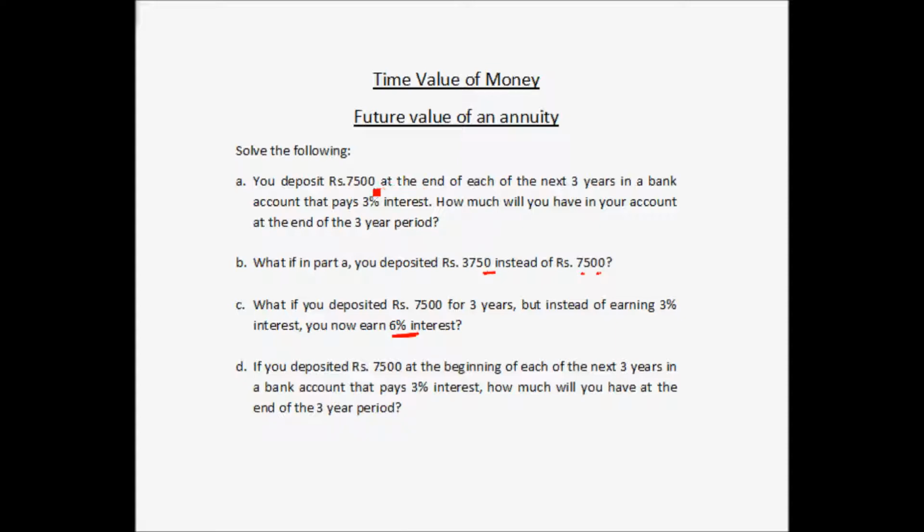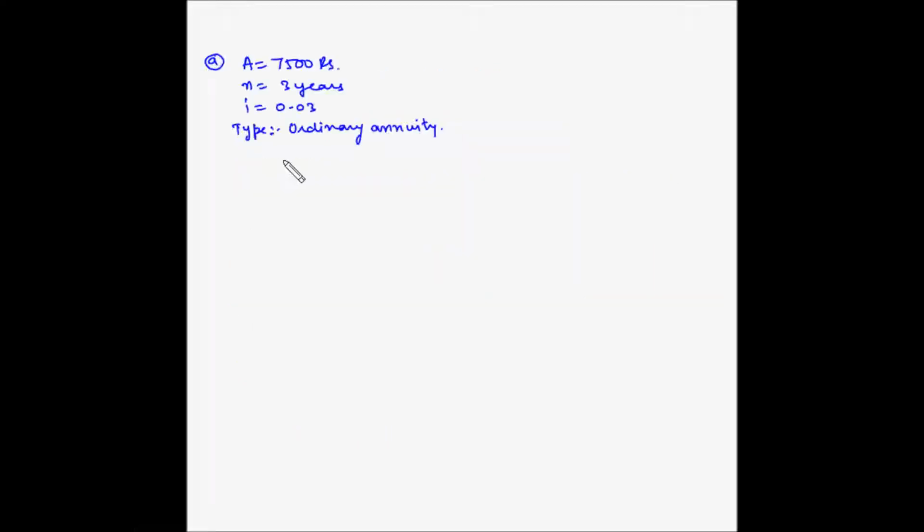So here we are depositing 7500 at the end of each of the next 3 years. And in part D, we are depositing 7500 rupees at the beginning of each of the next 3 years. So let's take a look at these four examples.